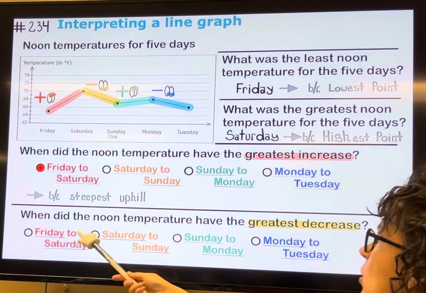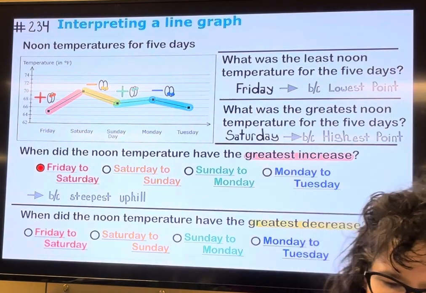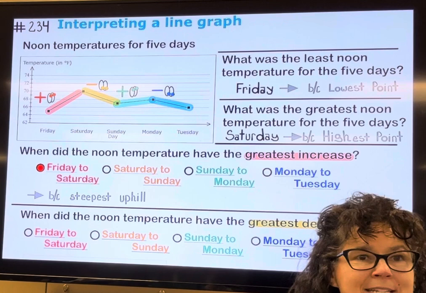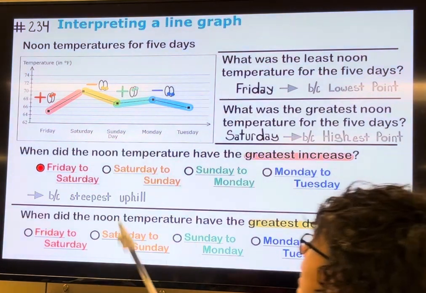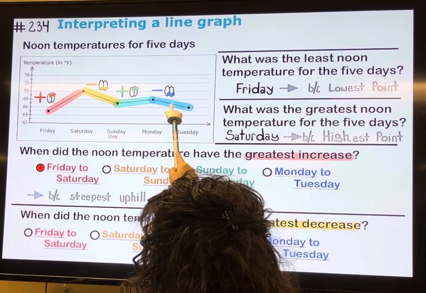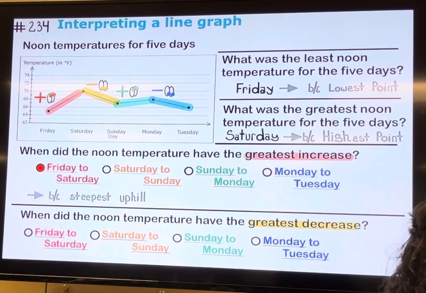Okay, and then when did the noon temperature have the greatest decrease? Well, if we want the greatest decrease, we're only looking at the downhill sections. So my options would be this kind of yellow-orange one or the blue one. I'll call it orange. So orange and blue are my options there.